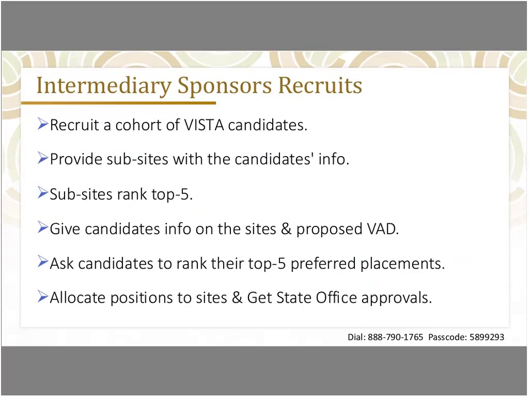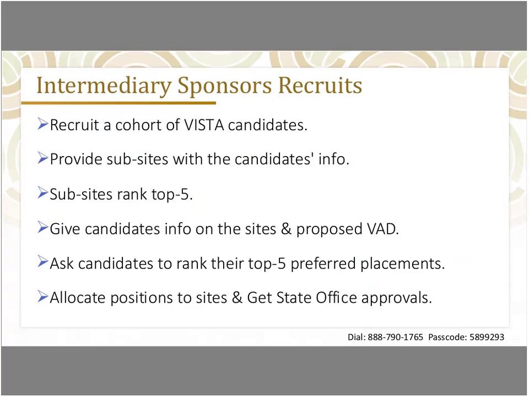You can recruit a cohort of Vista candidates, and then the sub-sites get the candidates' information, and they rank the top 5. So which of the top 5 do you want to give the information to the site and the proposed ad? And the candidates rate the top 5 preferred placements. They get to decide, too, where they may want to go and where they may want to serve, and to honor that. And then you allocate the positions to the site, and you get the state office approval.